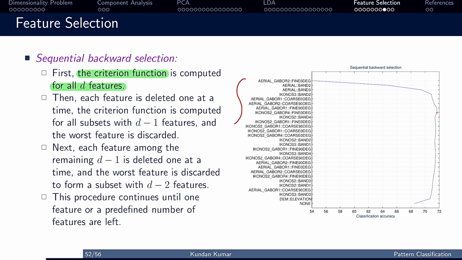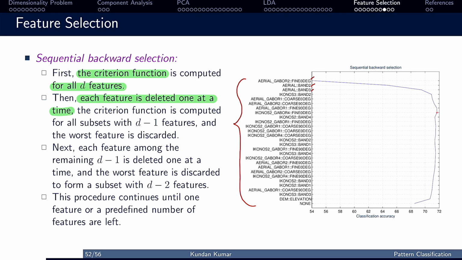These are a set of feature components, and from here we have to select a set of feature components that will give us the best classification accuracy. So, for these feature components, first we compute the criteria function. In the next step, each feature is deleted one at a time. So, here we have a set of feature vectors, and we will delete them one by one.